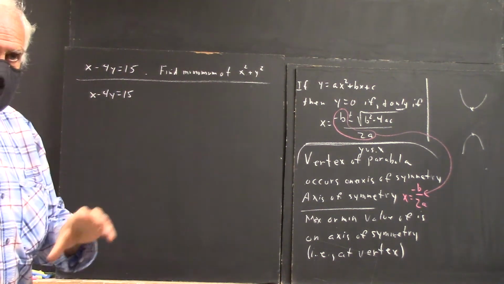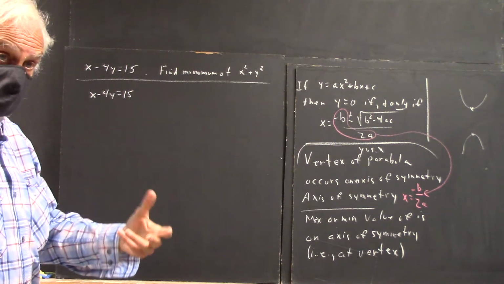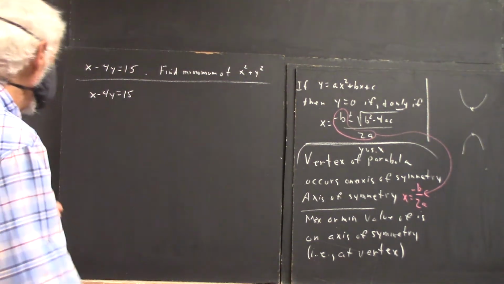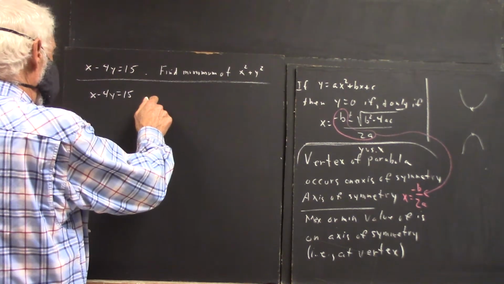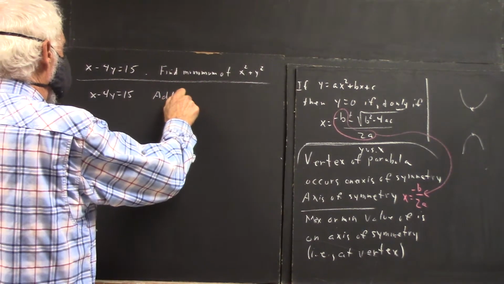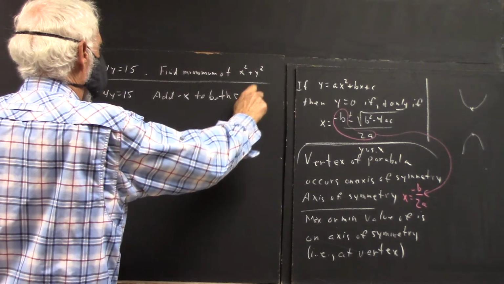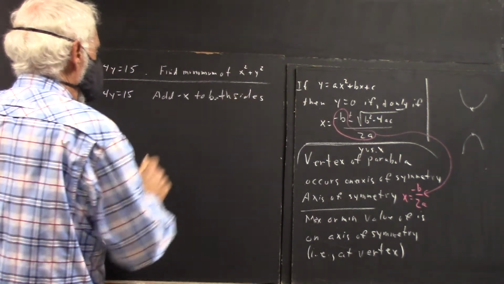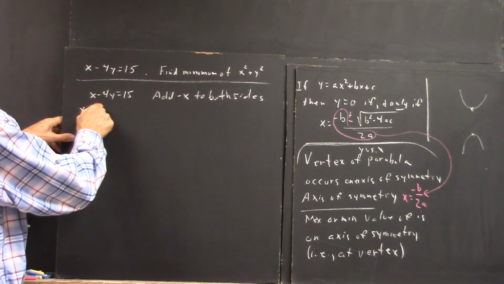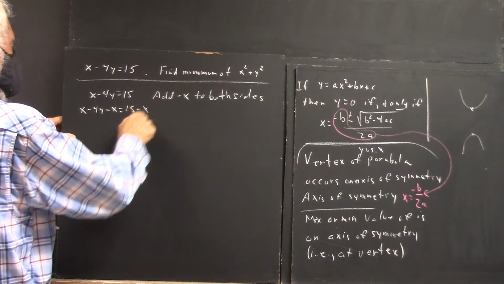Okay, so I really want to see you in this class explicitly state, the way I've always done when I do examples, what operation you're doing to both sides of the equation. So, if you add negative x to both sides, that means you could write x minus 4y minus x equals 15 minus x.